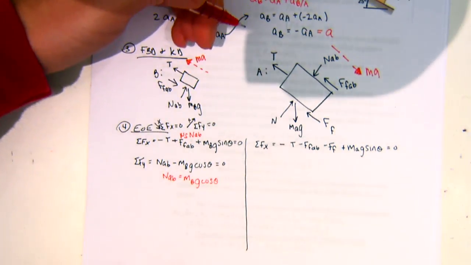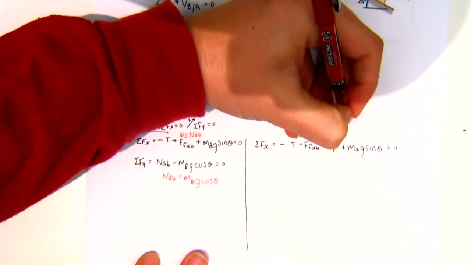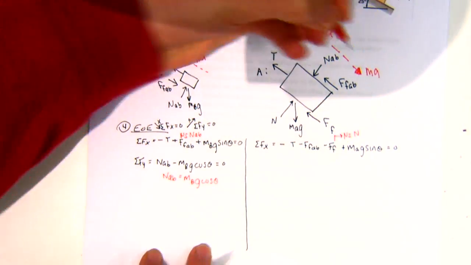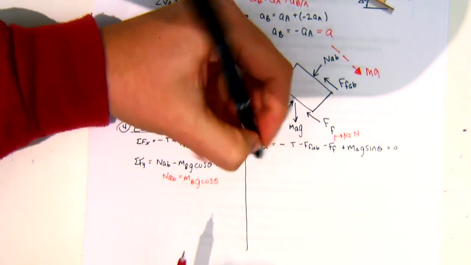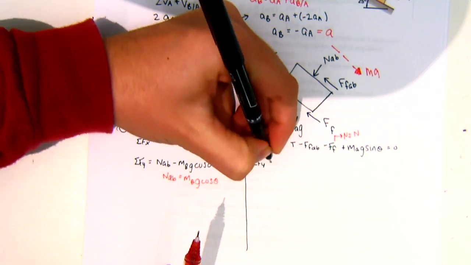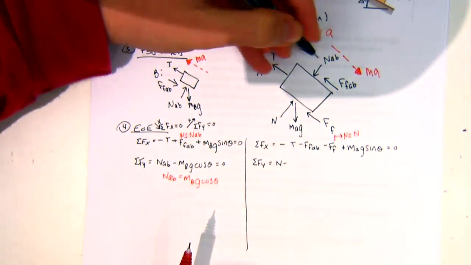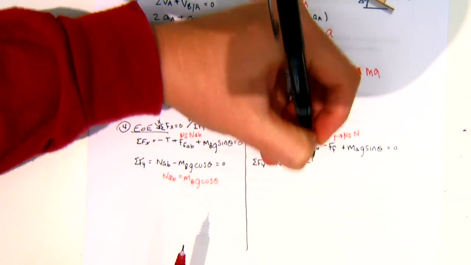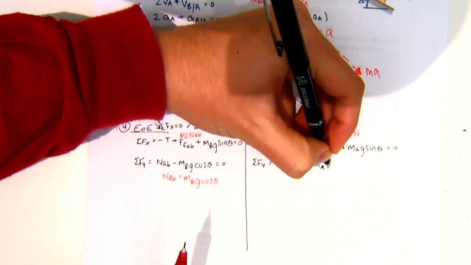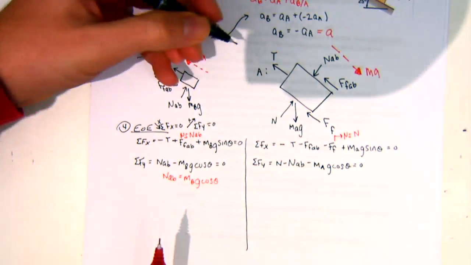So we know that the force of friction here is equal to mu s times our normal. So if I do sum of forces in Y, I have N minus NAB minus MAG cosine theta equal to 0.